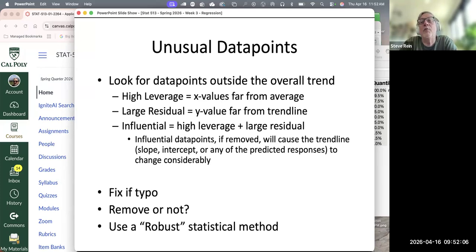If I used a robust statistical method, even if the distribution of the errors around the trend line wasn't perfectly normal, I'd be okay. I can handle outliers more easily.